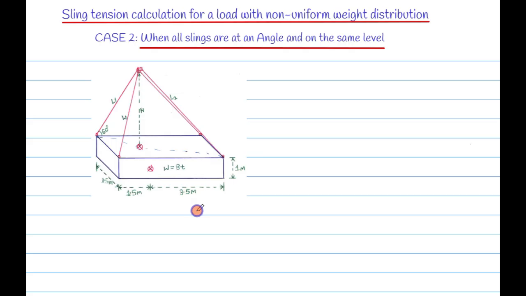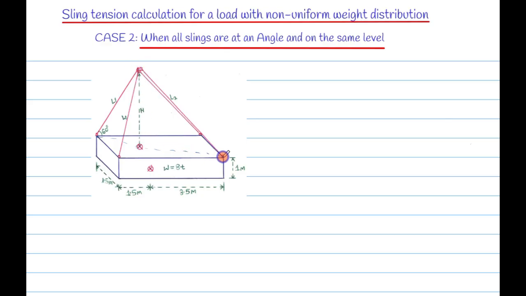In calculation of the sling length, we cannot directly use 3.5 meter and 1.5 meter to get the sling length, because L2 and L1 have to align to the center of gravity. And the hook block will be directly above the center of gravity.